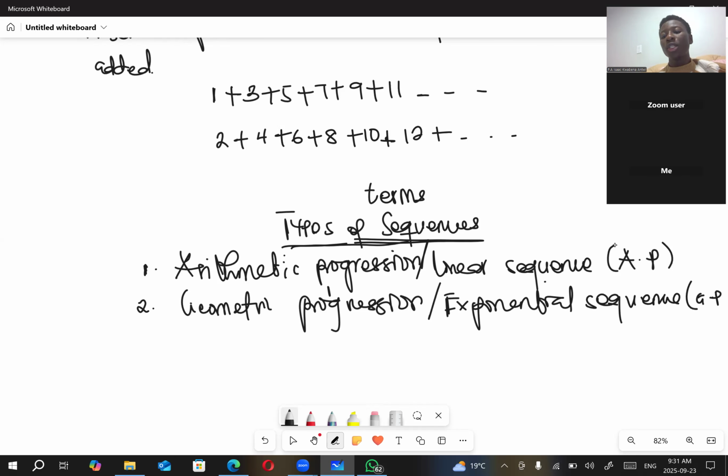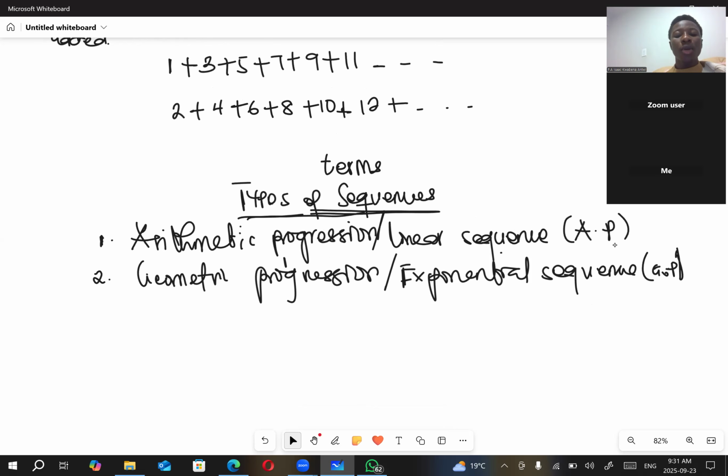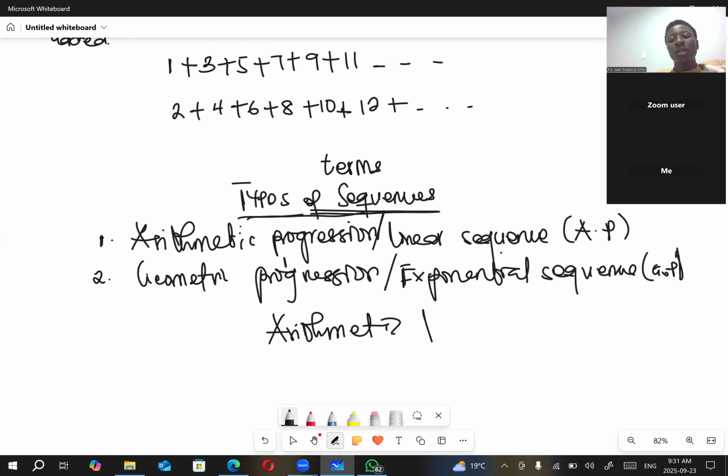So if you meet GP anywhere, it's what? Geometric progression. So now we're going to start with arithmetic progression.